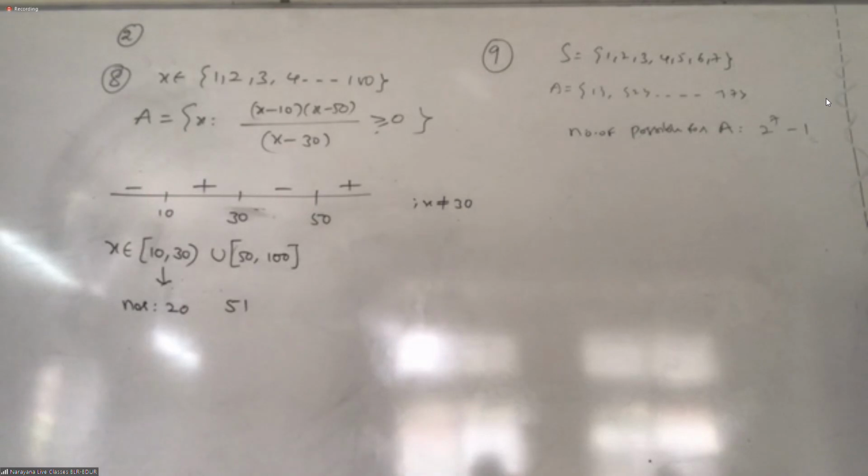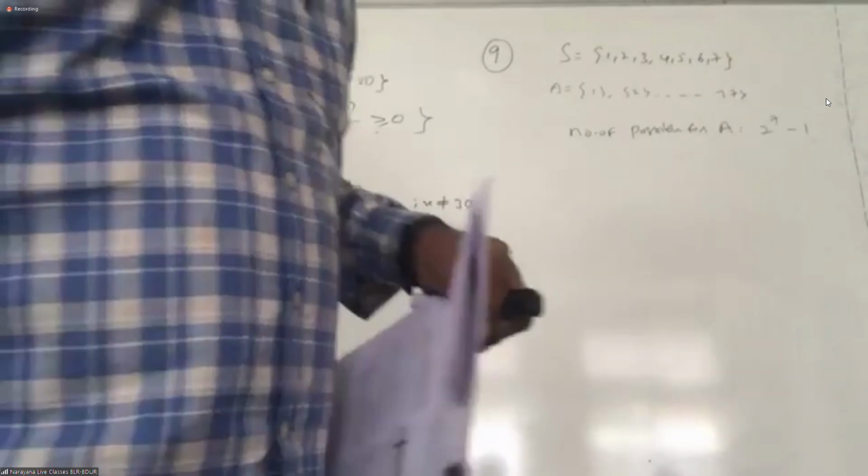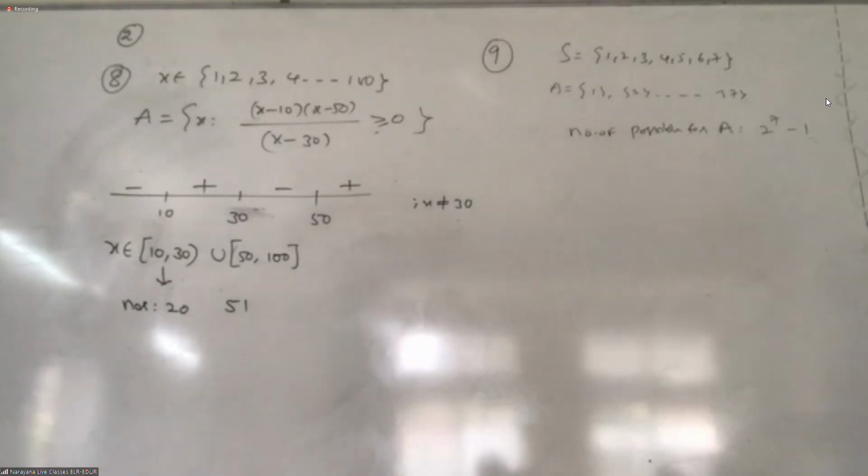Then the probability that X is an element of A. Conditional probability we need to follow.